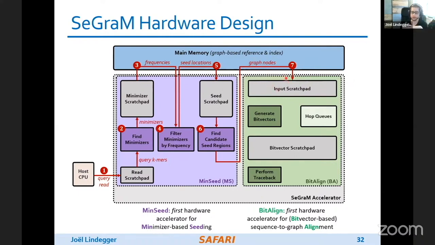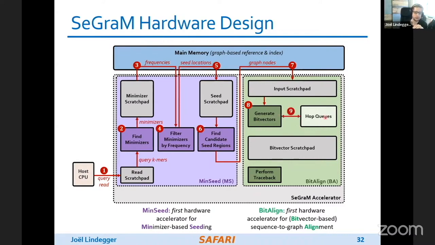Okay, so that was seeding. So we obtained minimizers, we queried the index, did some filtering, obtained the appropriate candidate region, and sent it to pairwise alignment. Now in the pairwise alignment accelerator, we generate bit vectors. So generate bit vectors means we have a computational module that executes something close to the GenASM algorithm.